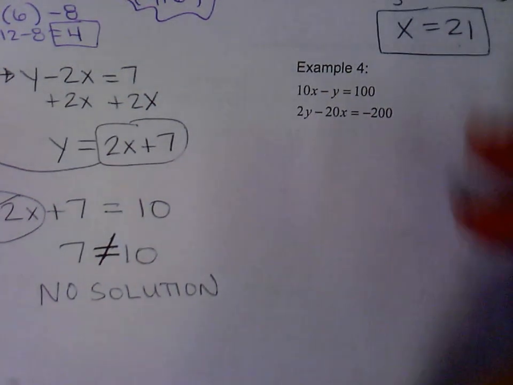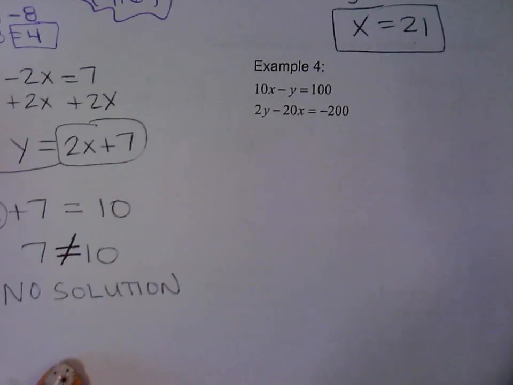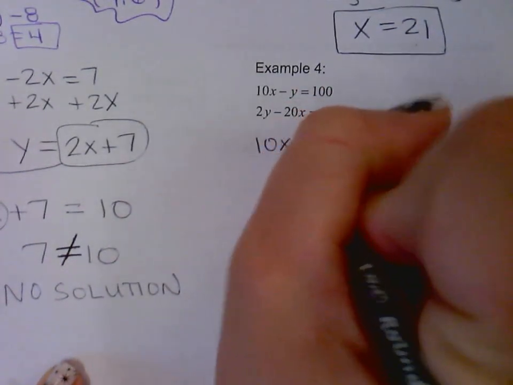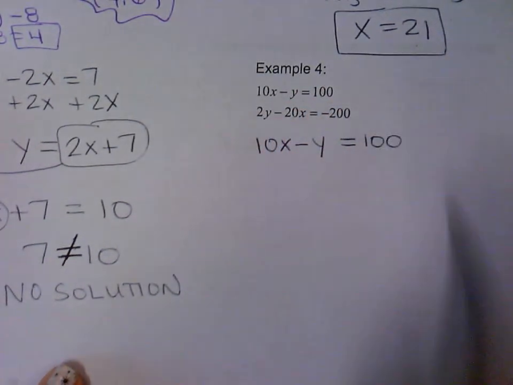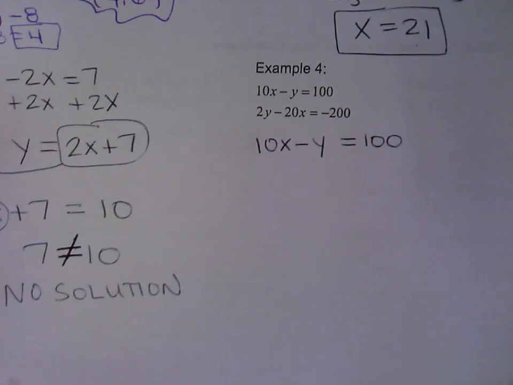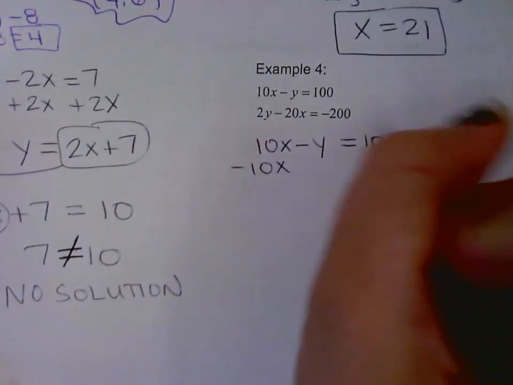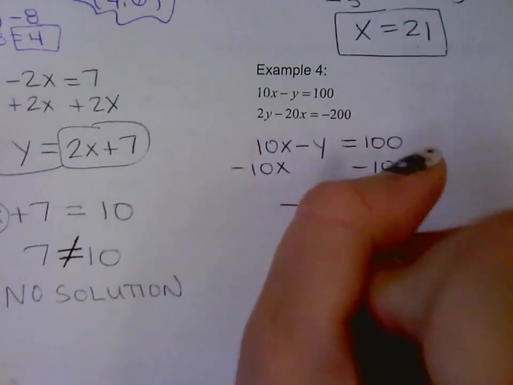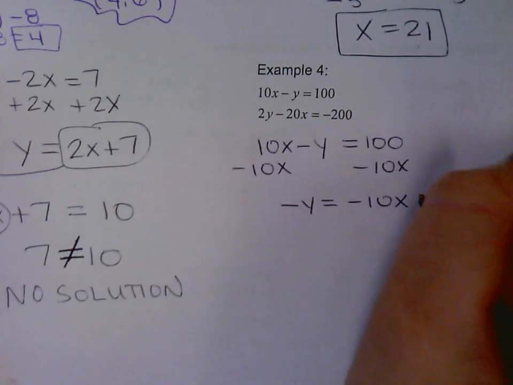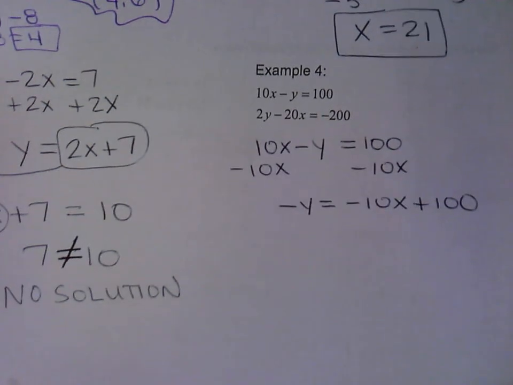So let's work the top equation. 10x minus y equals 100. What would be the first step to get y by itself? Subtract the 10x to the other side. So negative y equals negative 10x plus 100. y is not quite by itself.